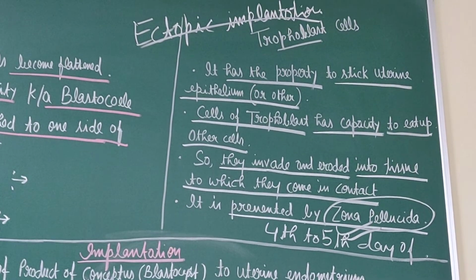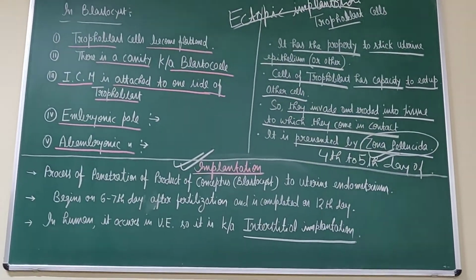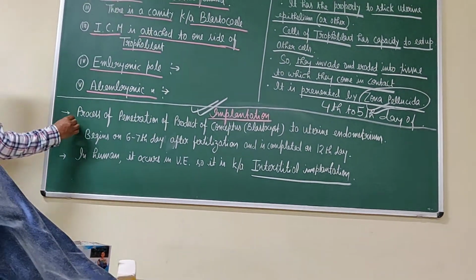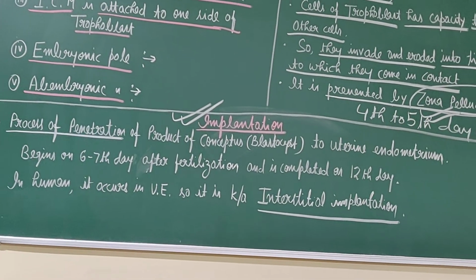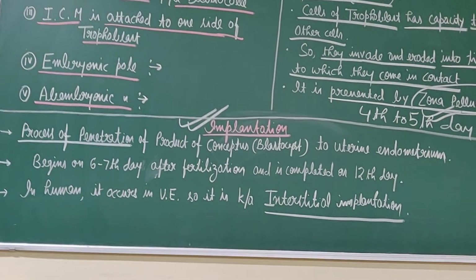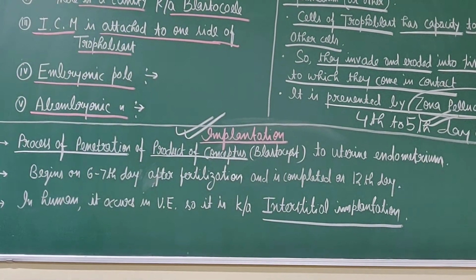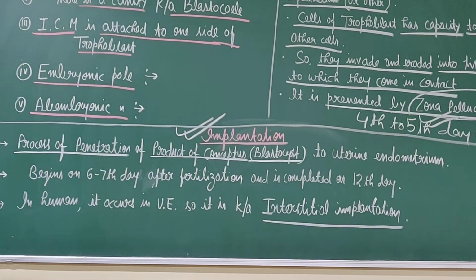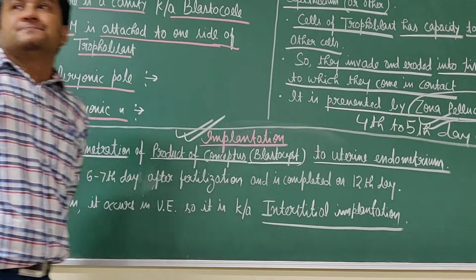Now the next is implantation. What is implantation? It is the process of penetration of the product of conceptus, that is the blastocyst, into the uterine endometrium.